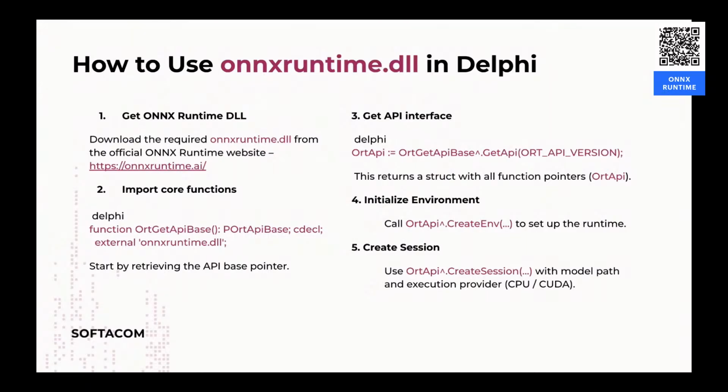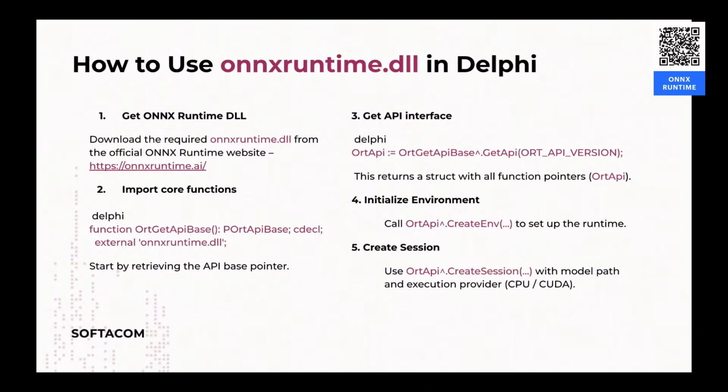Let's have a quick look at how to use onnxruntime.dll in your Delphi apps. First, you go to the official ONNX runtime website and download the onnxruntime.dll file for your platform, whether that's Windows, Linux, or macOS. Next, in your Delphi project, you import a core function from that DLL.